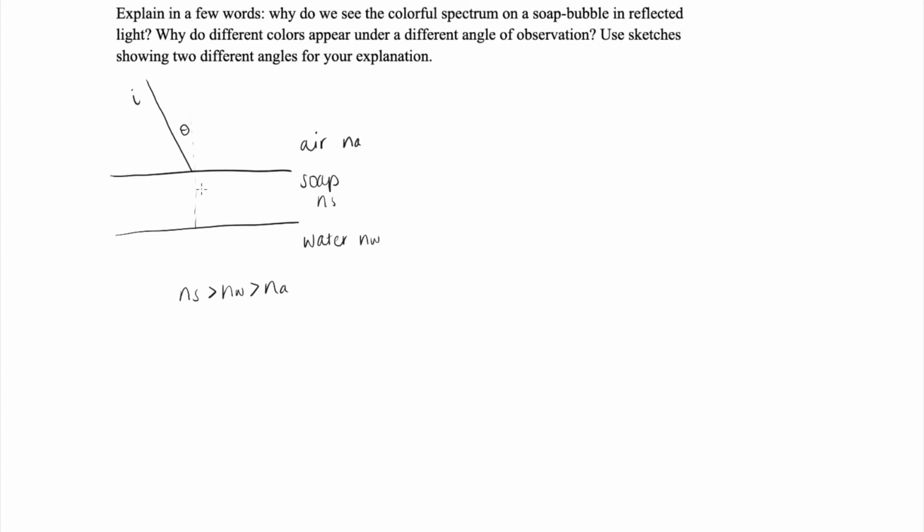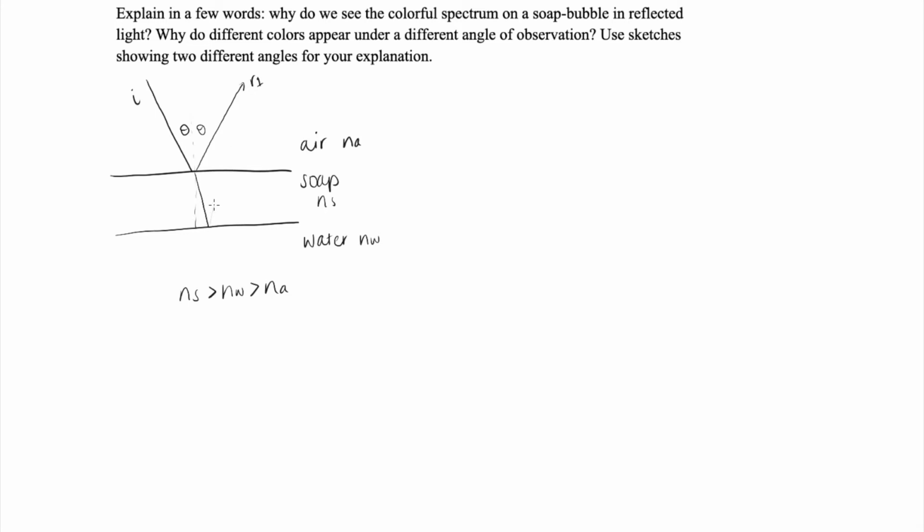Now, what's going to happen when the ray travels through the soap is that it's going to travel slower. Therefore, it's going to bend towards the normal. So this is going to be our angle of refraction in here. And then from the surface, we have a reflected ray, which is going to be R1, and this angle in here is also going to be theta.